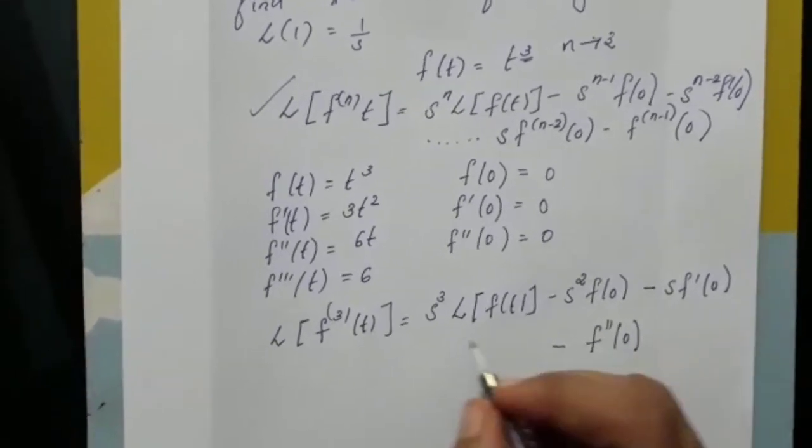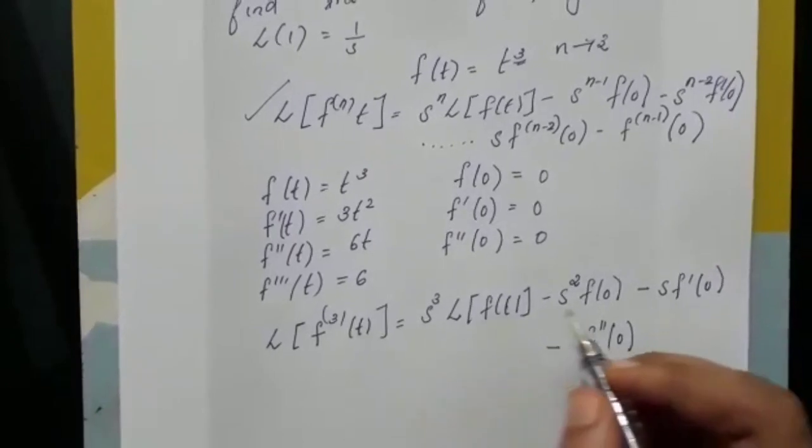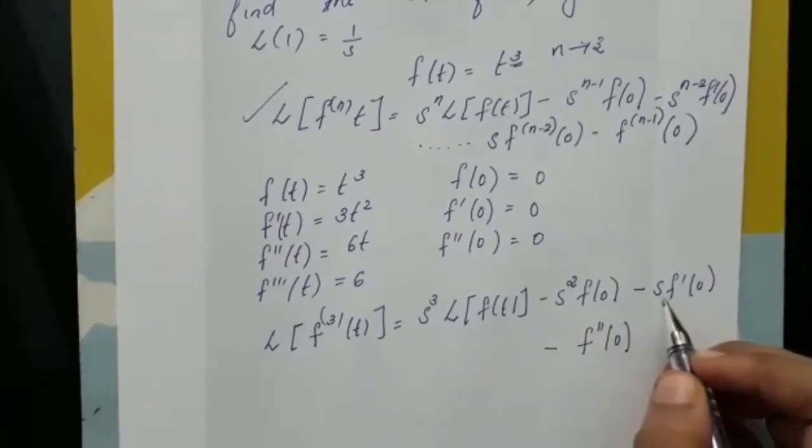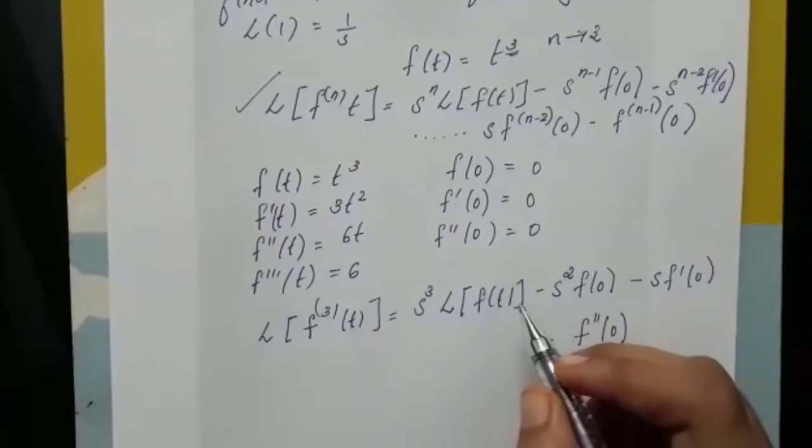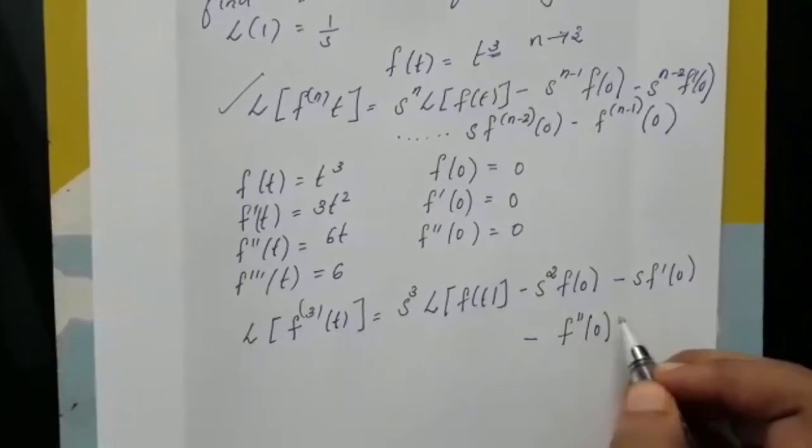As you notice, the power of s is actually decreasing as the order of the derivative keeps on increasing.